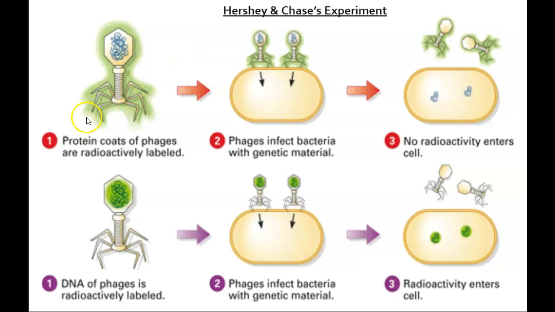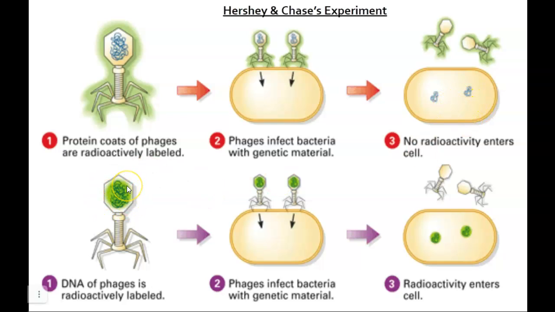So this is just a visual of that experiment. The green glowing portion is supposed to be the radioactive isotope. Remember, the coat, the outside, was the sulfur. Sulfur was not transferred. So in the end, they could separate the bacteria fragments from the viral fragments, and they did not find that radioactive sulfur in the bacterial fragments.